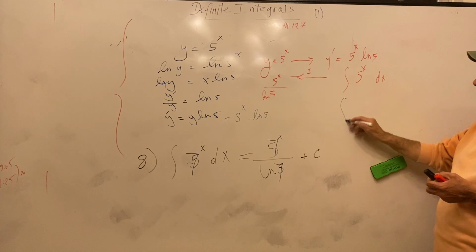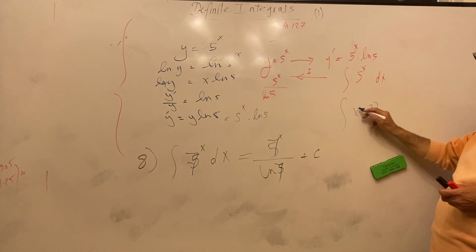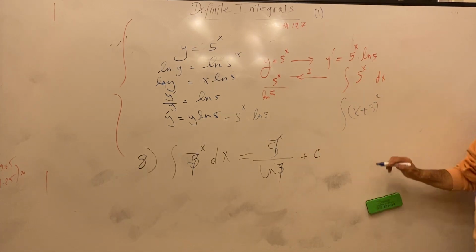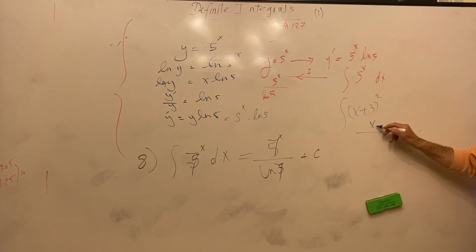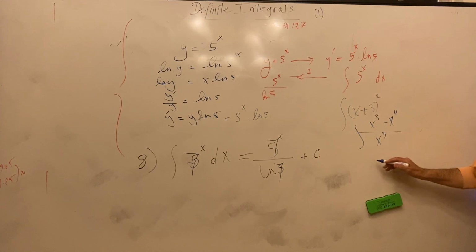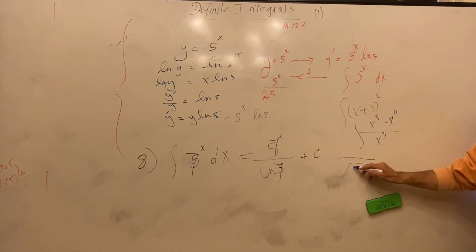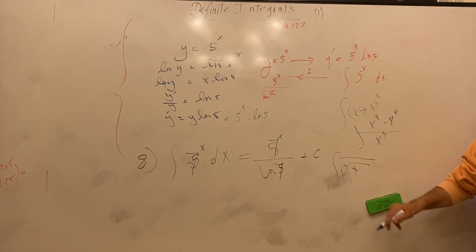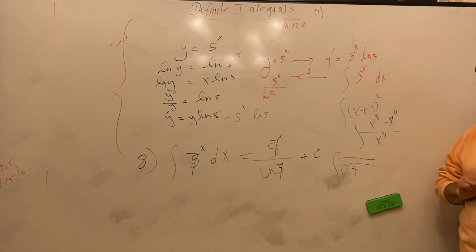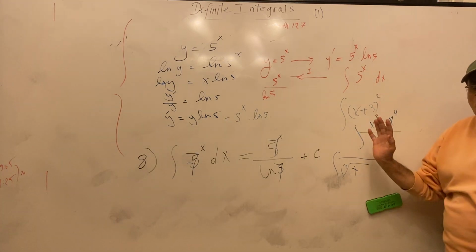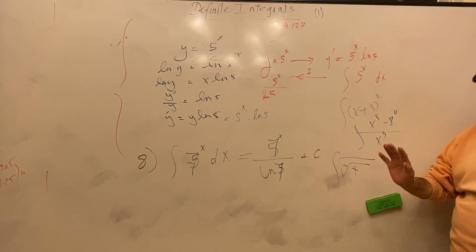Like, for example, how do we integrate something like that? How do we integrate something like this? How do we integrate if we have something down? I want to use algebra because I know some of us are weak in algebra. This is nothing new.